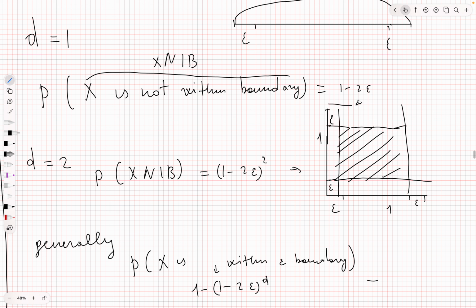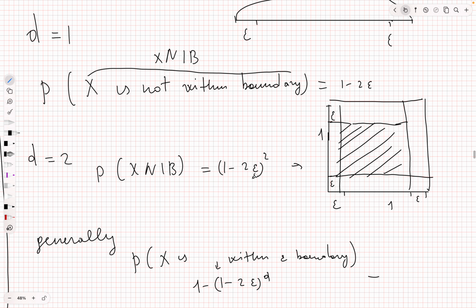If we think of this whole thing as an area of one, because the probability of a point being here is one, as it's defined within this boundary, then in order to calculate this area, we multiply 1 minus 2 epsilon with itself, which gives us 1 minus 2 epsilon squared.